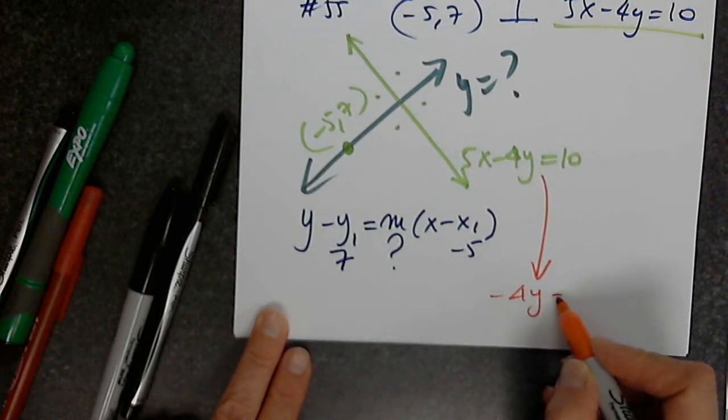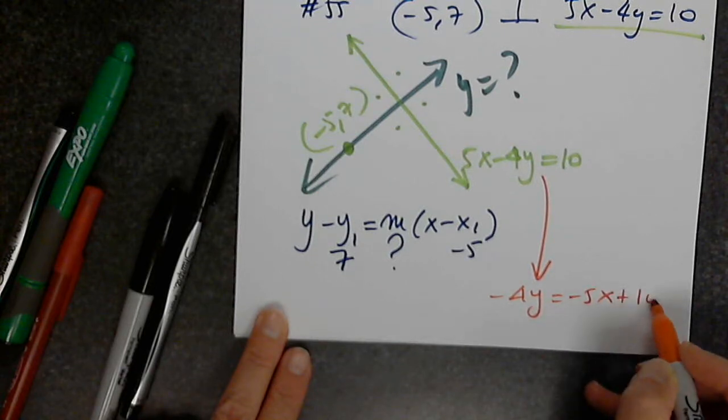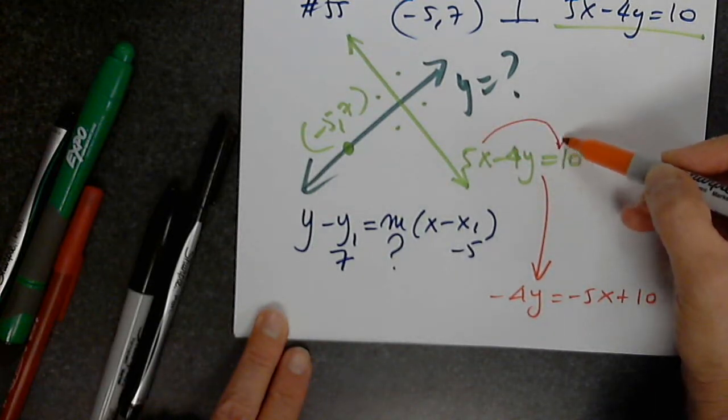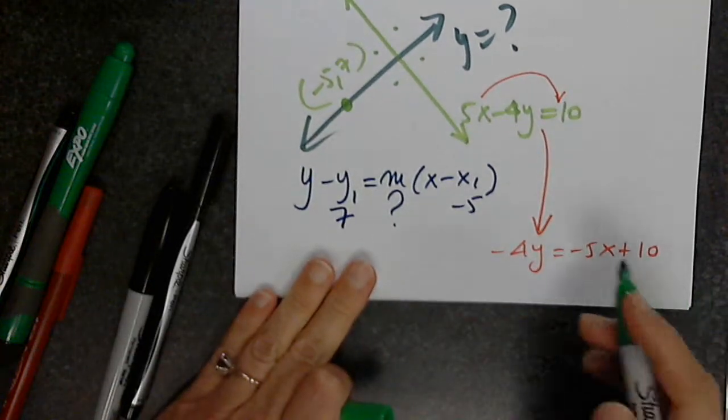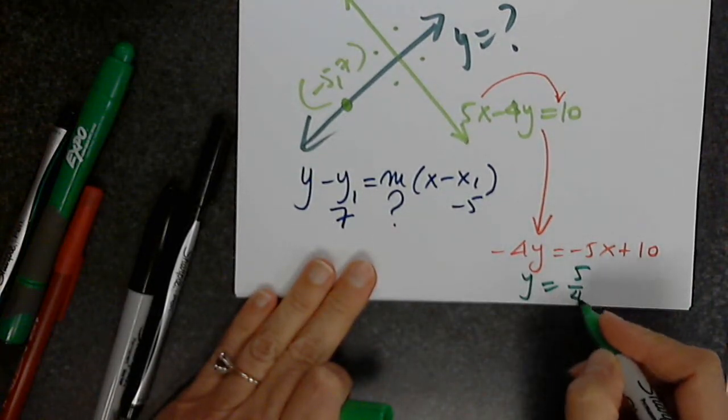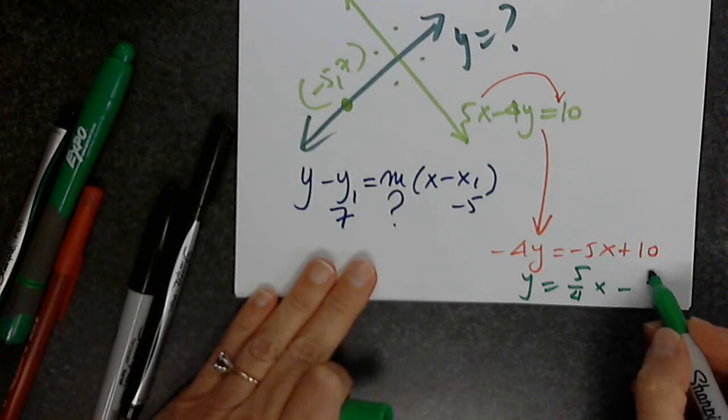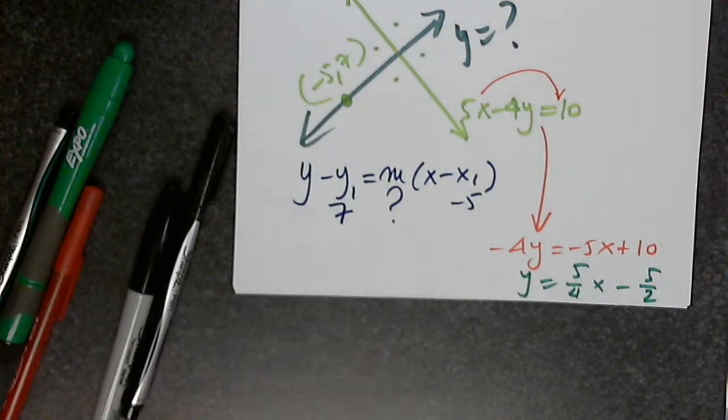So negative 4y equals negative 5x plus 10. All I did was I moved 5x to the other side, changing its sign. What next? Divide by negative 4. Correct. So y equals 5/4 x minus 5/2. 10 over 4 is 5 over 2.